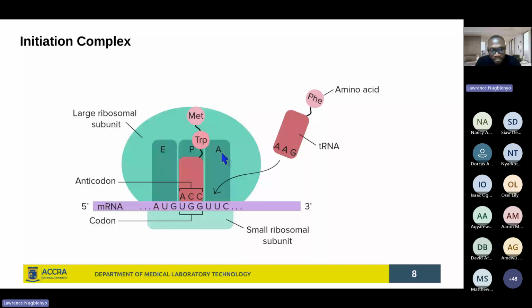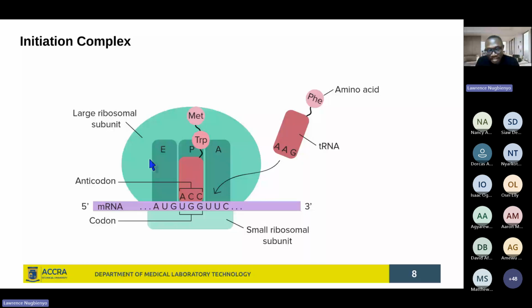E refers to exit, because that is where the transfer RNA that comes into the complex with an amino acid to bind onto the rest of the amino acids to form a protein chain, that's where it leaves the complex. So it's referred to as the exit site.